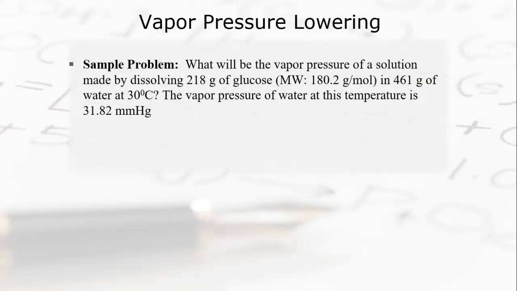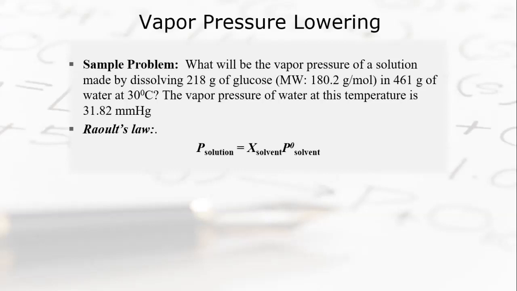Let's say the vapor pressure of water at this temperature is 31.82 millimeters of mercury. Okay, that's our question. Since we're talking about vapor pressure and temperatures, and we're talking about a solution, we're going to use Raoult's Law.